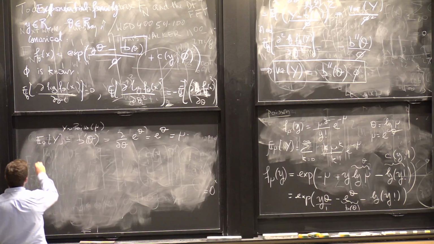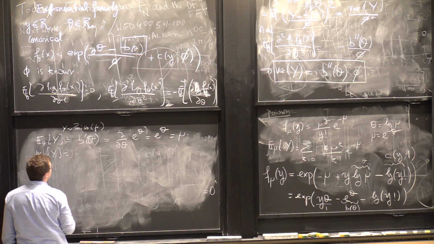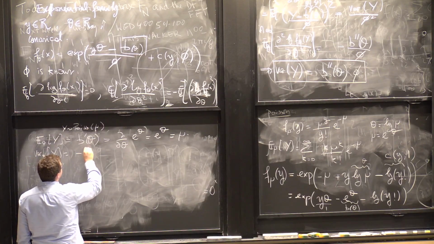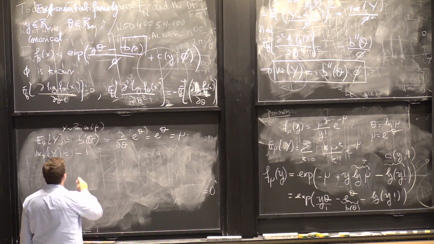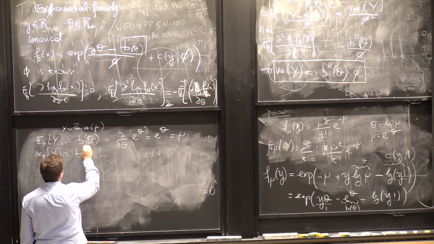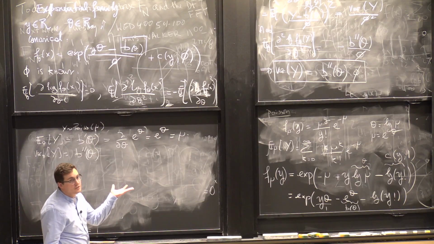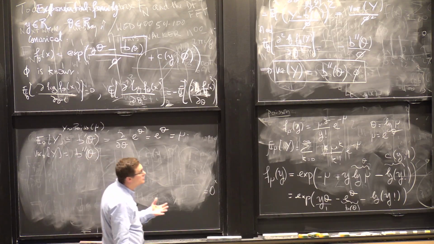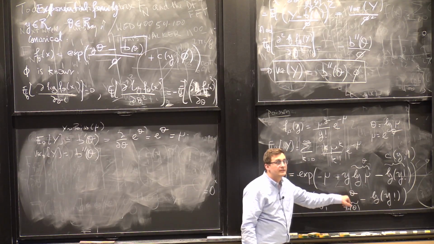I can also compute the variance, which is equal to the second derivative of b. Dispersion is equal to 1. Again, if I took phi elsewhere, I would see it here as well, right?